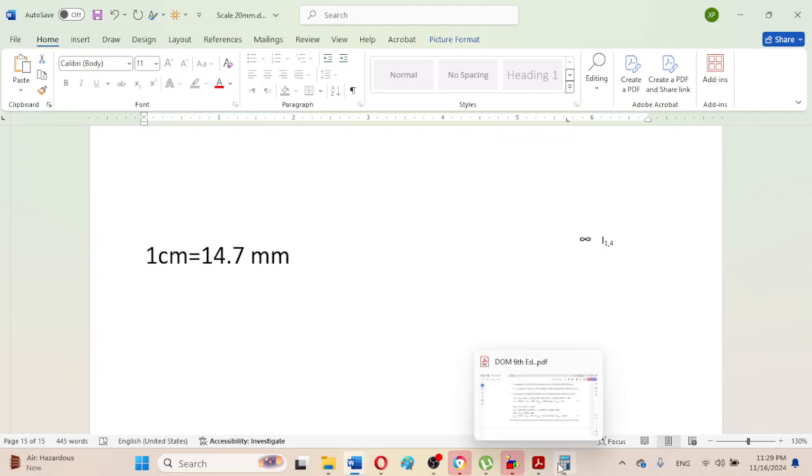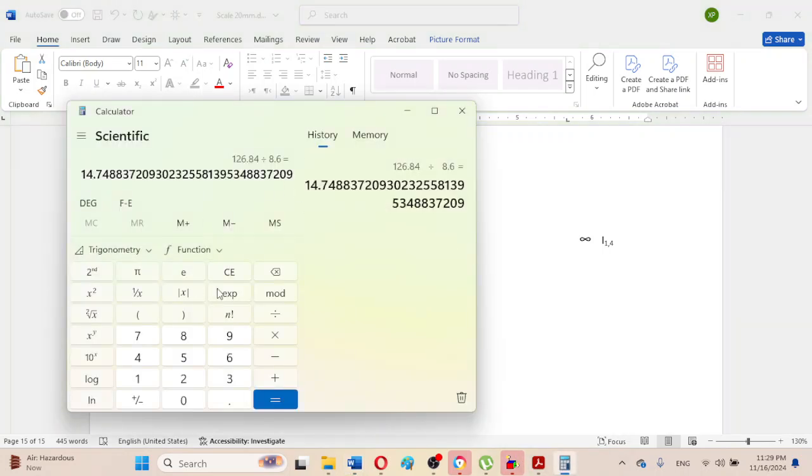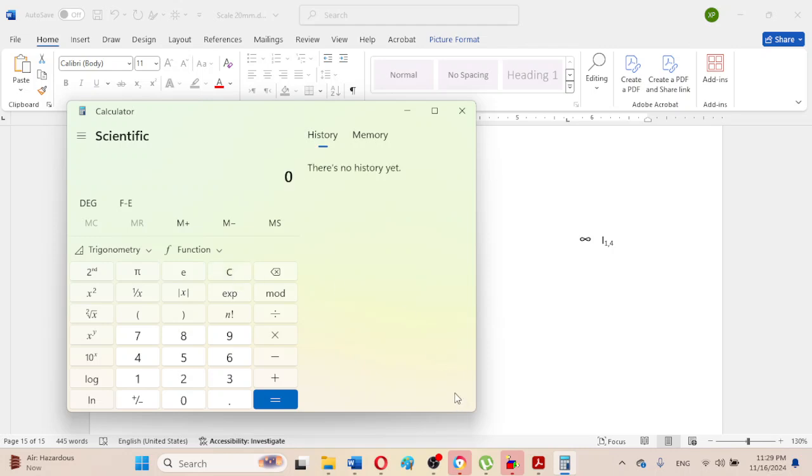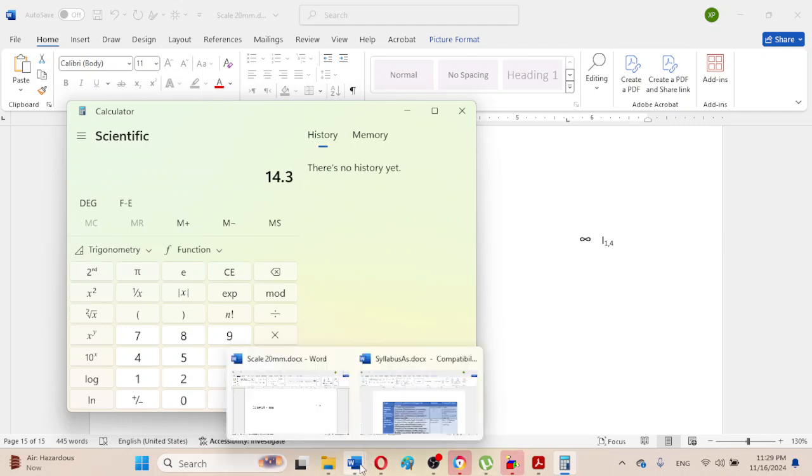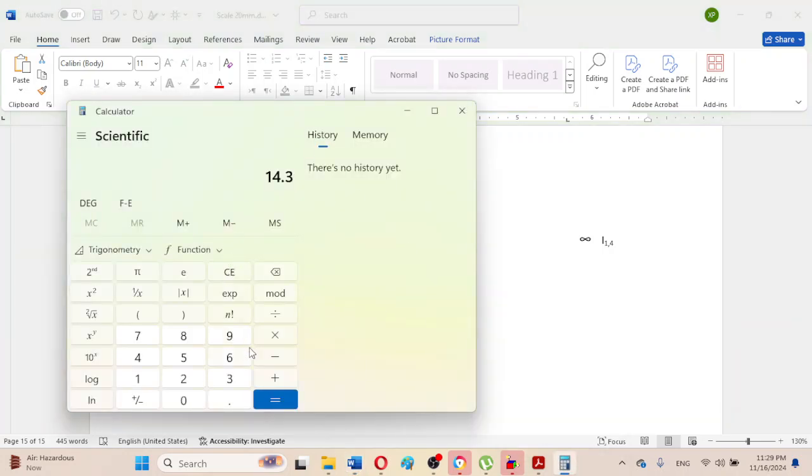So that means here we can convert that 14.3 centimeter, and 1 centimeter here in the scale was equal to 14.7 millimeter. So that means we will be multiplying it by 14.7.